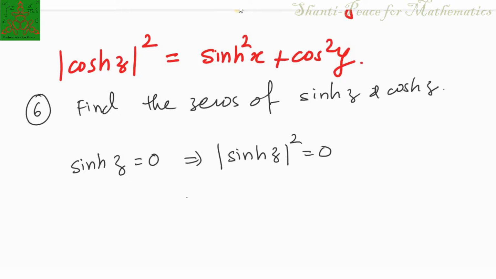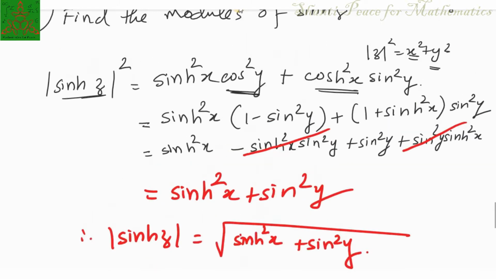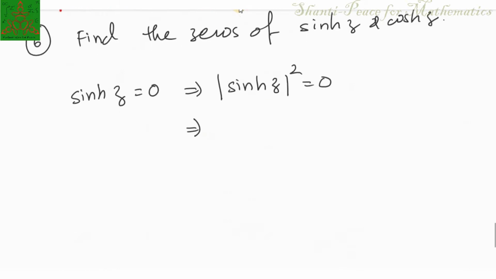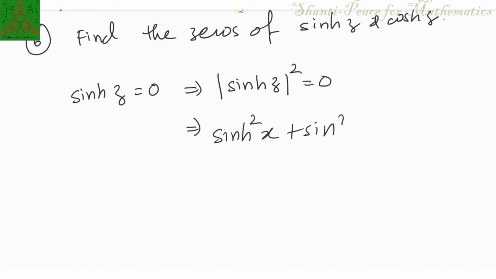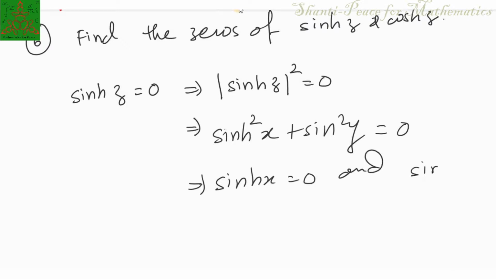Now mode of sine hyperbolic of z square we have found is sine square hyperbolic x plus sine square y. So that gives me sine hyperbolic square x plus sine square y equal to 0, so sine hyperbolic x is 0 and sine y is 0.